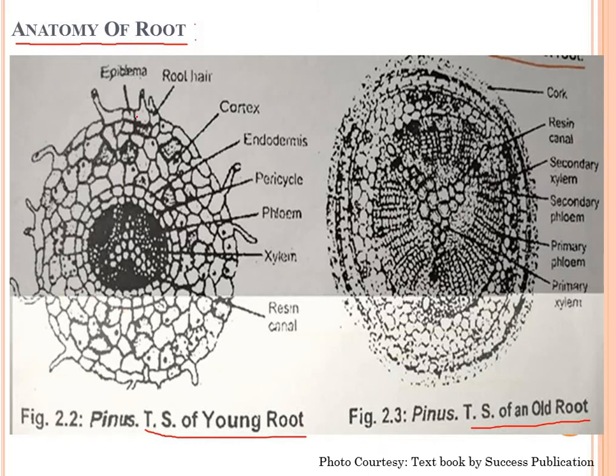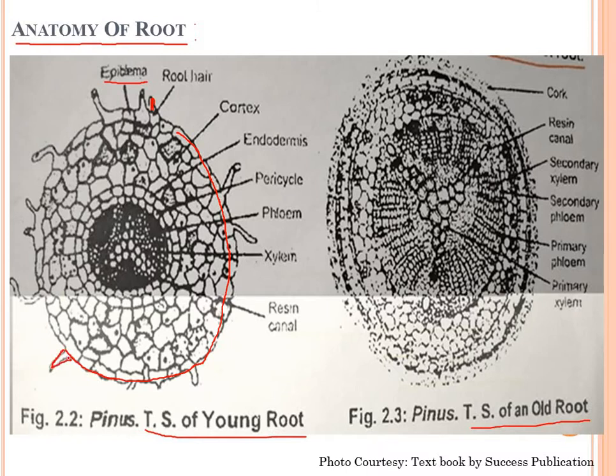See, from the outer side we start. Root hairs are present on the epiblema or epidermis. Epiblema is made up of epidermal cells, and epidermal cells are somewhat rectangular. See, these are the epidermal cells, and this single layered epidermis is present on the outer side, from which unicellular root hairs are born.